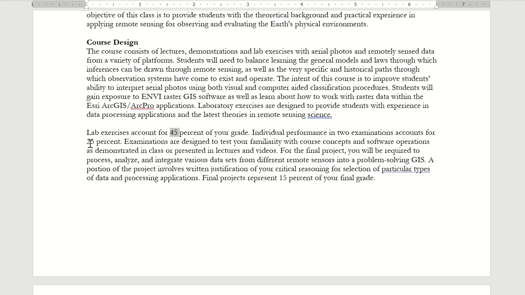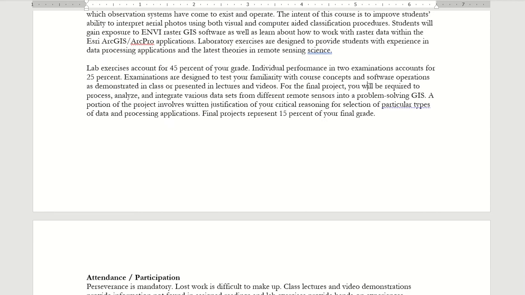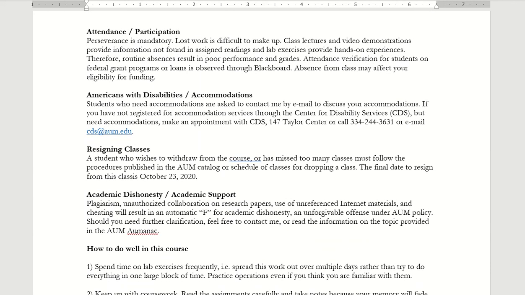We will have exams. These will count for less, but they will count for a non-trivial portion of your grade. There will be a final project in this course and also a borderline participation grade, just for some of the collaborative or public group activities we do.